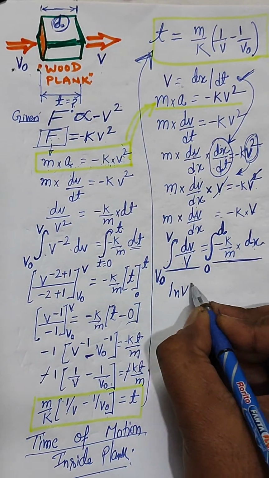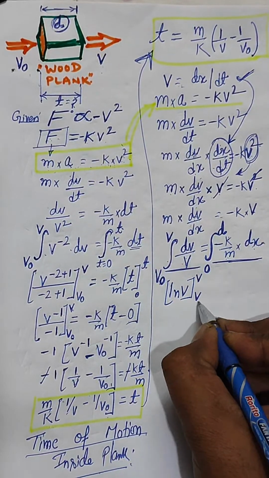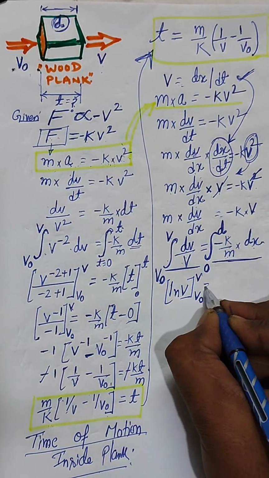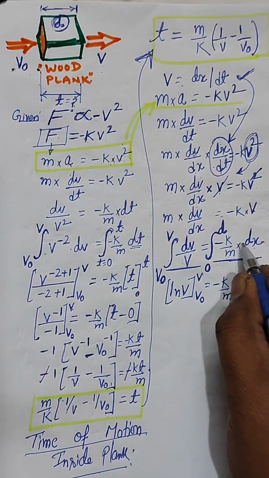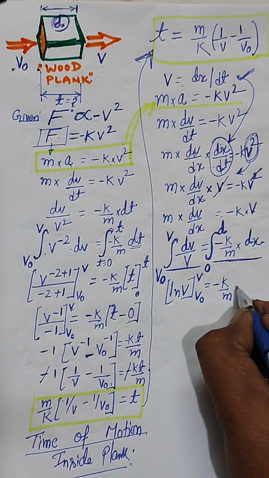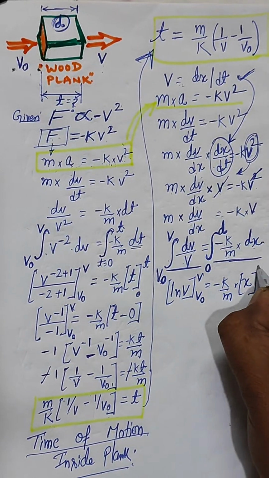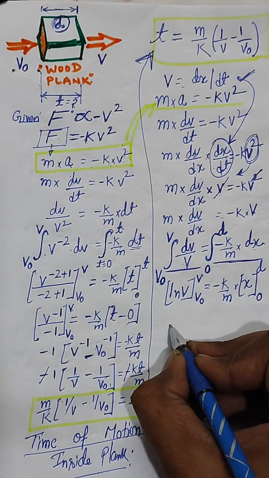that means ln of v with v0 and v as lower and upper limits, right, is equal to minus k by m, integral of dx of a single constant will be equal to x, right? Integration will be x and it will vary from 0 to d, right?